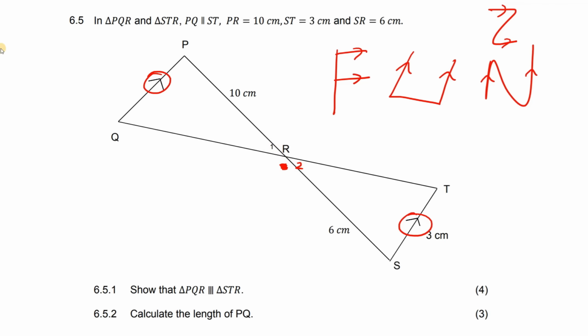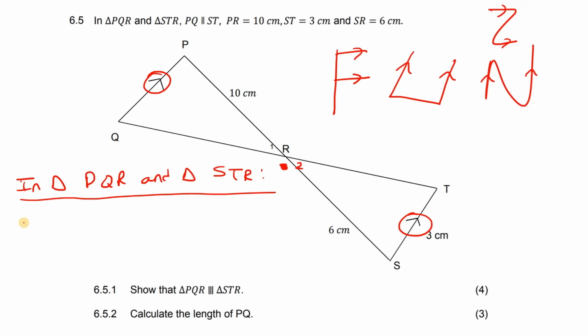So in triangle PQR and STR, we can say that angle R1 must be the same as angle R2, and that is because they are vertically opposite angles.